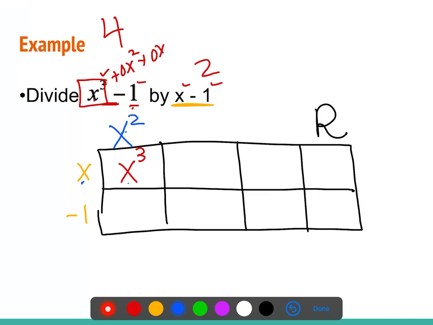That goes in the box. And I divide. What times x is x cubed? Well, that's x squared, because x squared times x is x cubed. Then I multiply. X squared times negative 1 is negative 1x squareds.